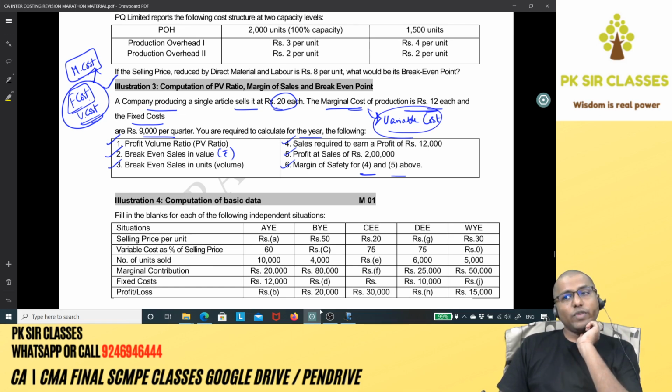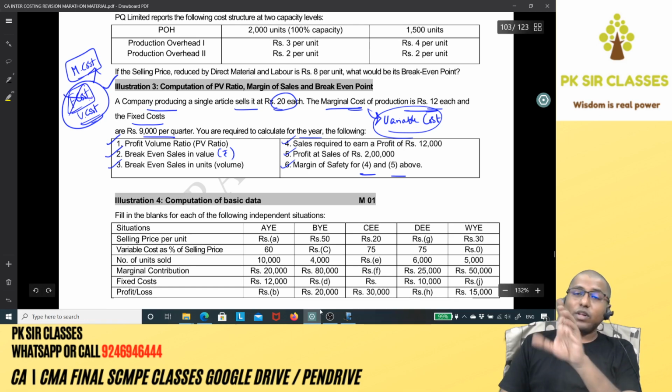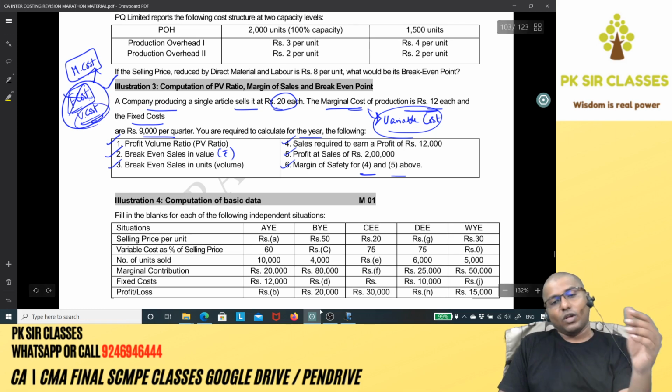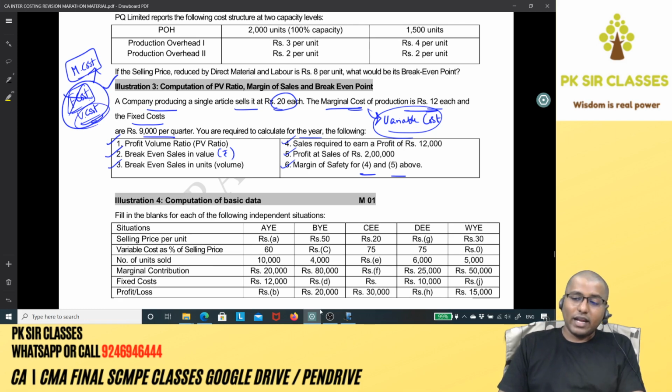Suppose in a situation where fixed cost is not changing and fixed cost is constant and only variable cost is changing, in that case variable cost is nothing but marginal cost. But when fixed cost and variable cost both change, then both of them put together is marginal cost, whereas only variable cost is variable cost. You got the point? That's one thing you should be clear.